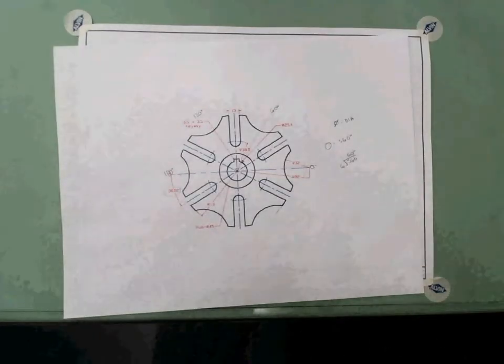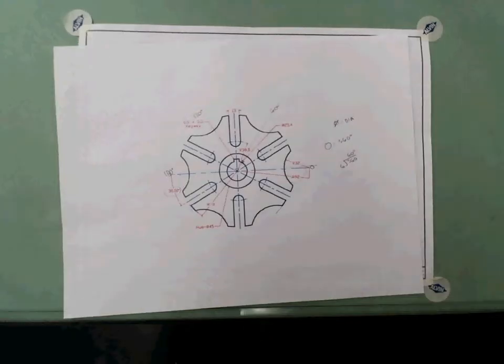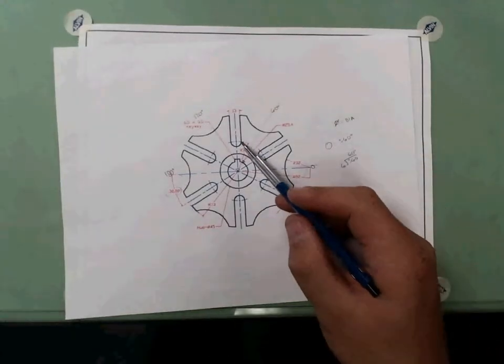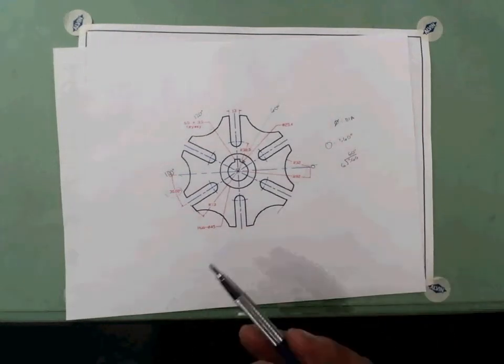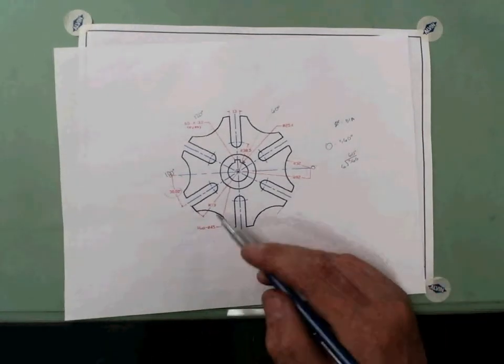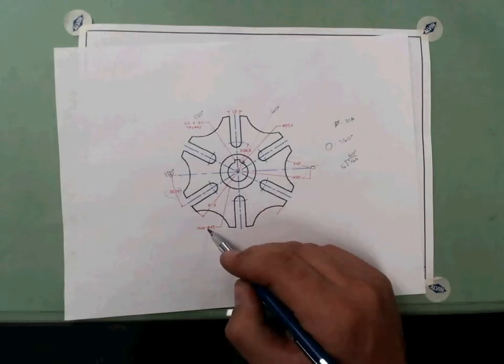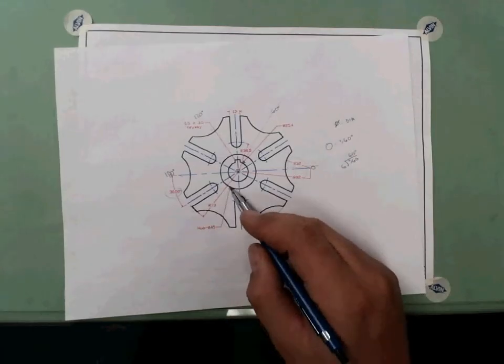My radiuses out here from the center are 38.5, and the hub, meaning the opening here, is a diameter of 45. So that circle, remember, see how it has the little arrow here?